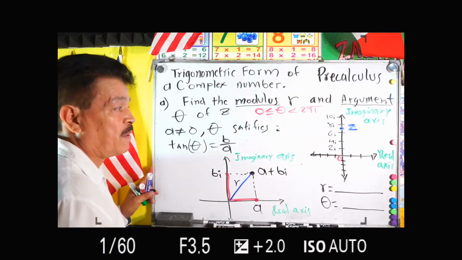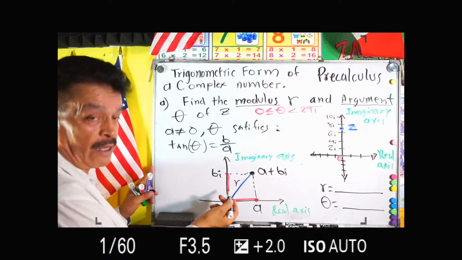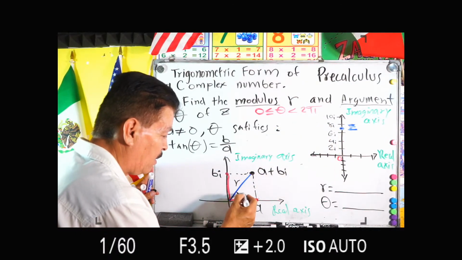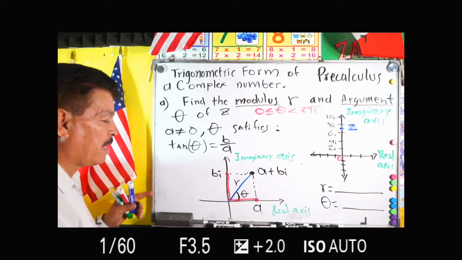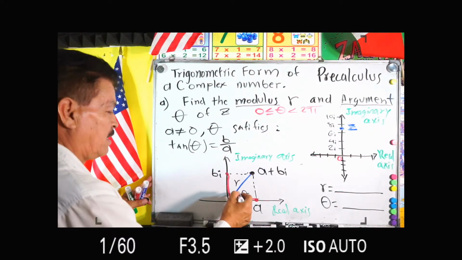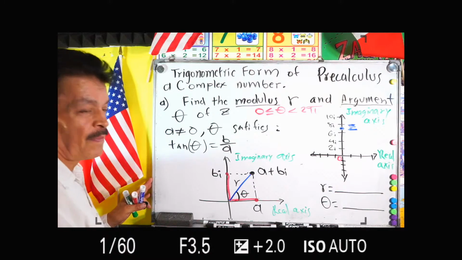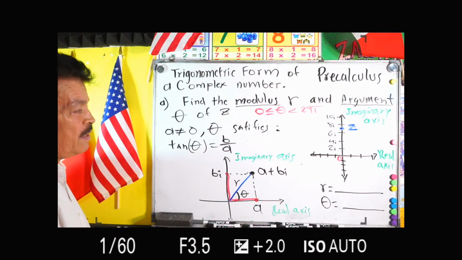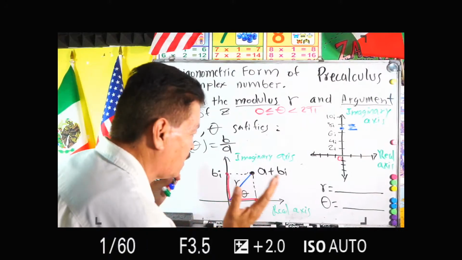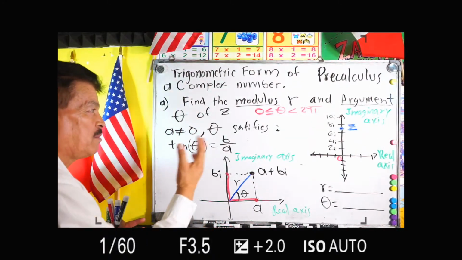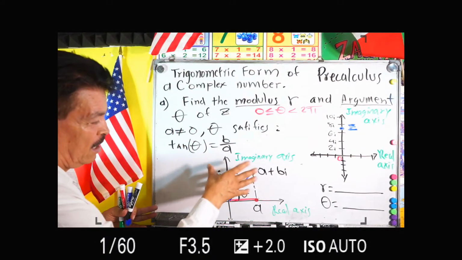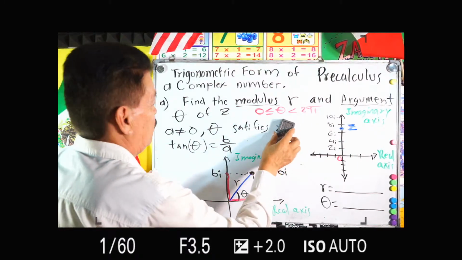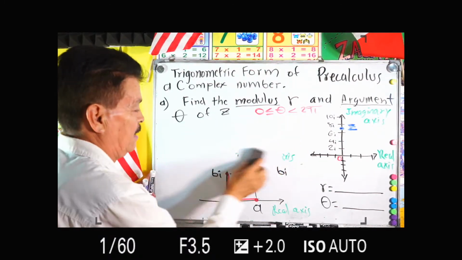We remember the first part. This is r, the absolute value, and this is the angle which I am talking about. It is very important when you see the graph. I think this is easier to understand the concept of modulus and argument. Everything is in this graph. Okay, so let's erase this.